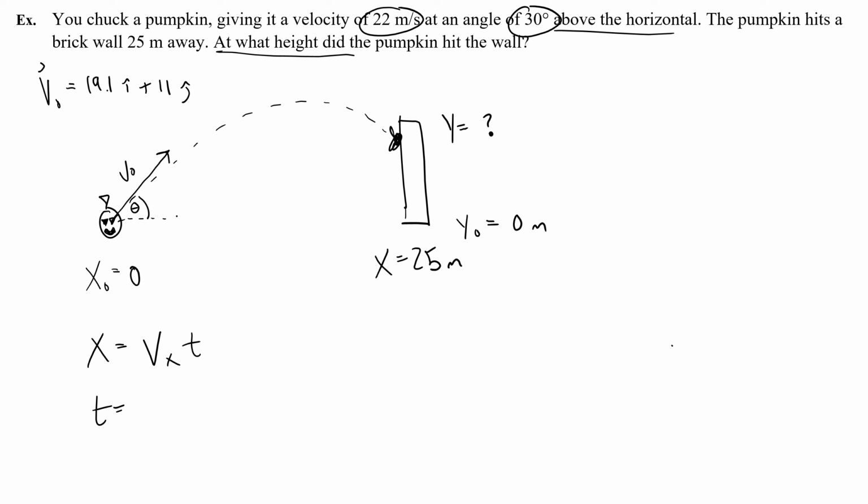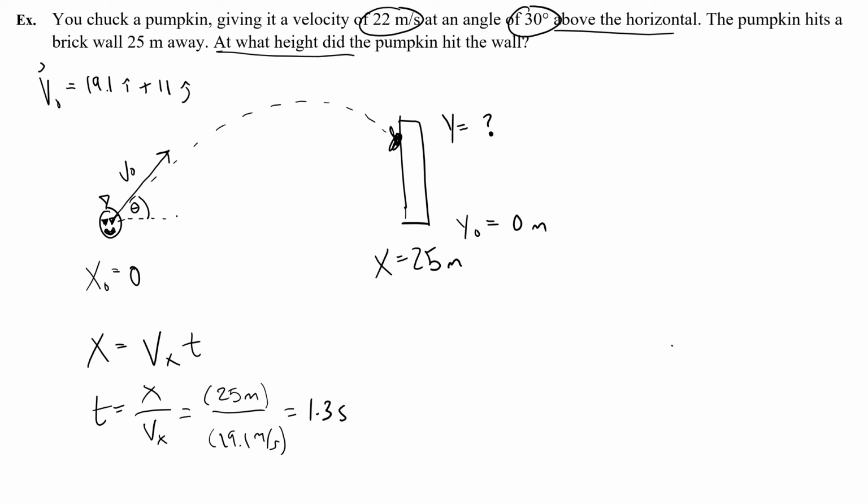So time is equal to x divided by vx, which is 25 meters divided by 19.1 meters per second. That gives me 1.3 seconds. So now I know the pumpkin is in the air for 1.3 seconds.